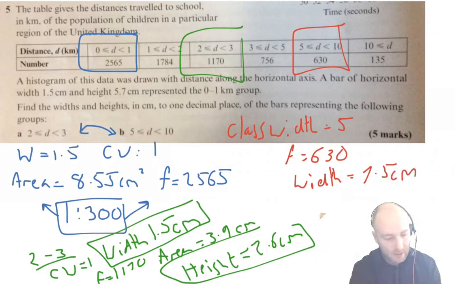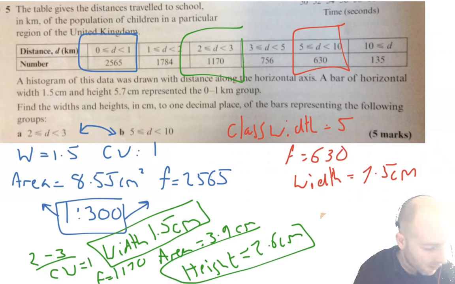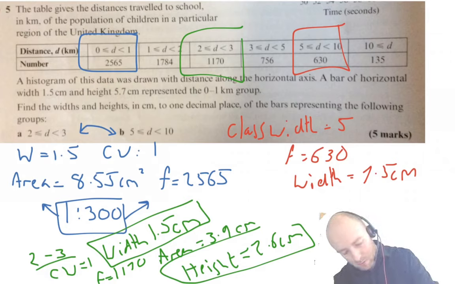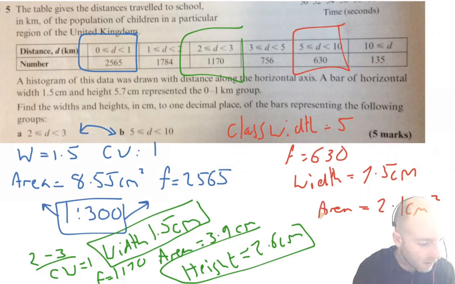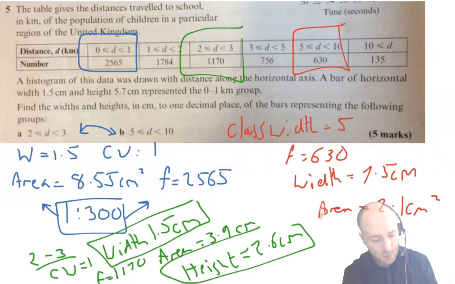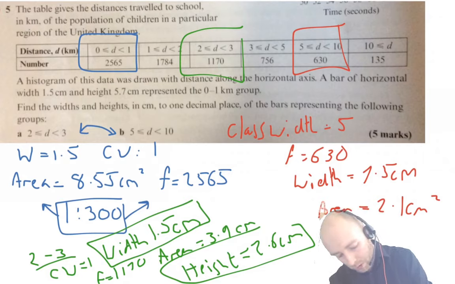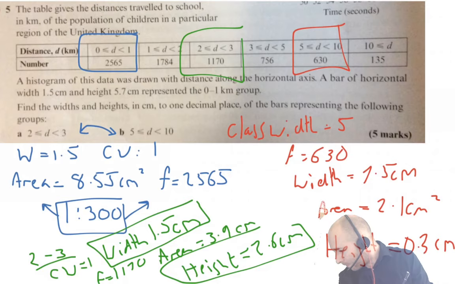And my frequency, divide that by 300 to get my area. So the area needs to be 2.1. Area divided by width gives me 0.28. It does say to one decimal place, so that would be 0.3. Yes. Cool, Billy. Spot on. Well done.